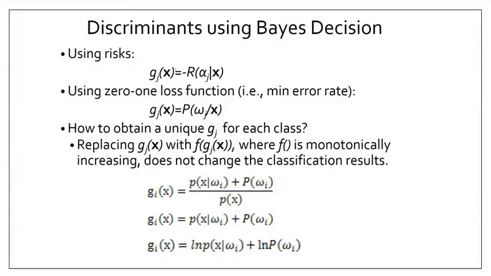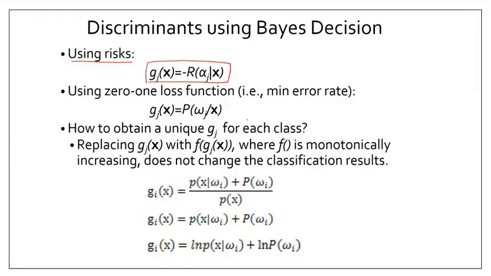So using risk or using the simple Bayes, we can do whatever we want to do, but we have these two ways. So we can use risk as my function. I can use the risk calculation equation as my discriminant function.